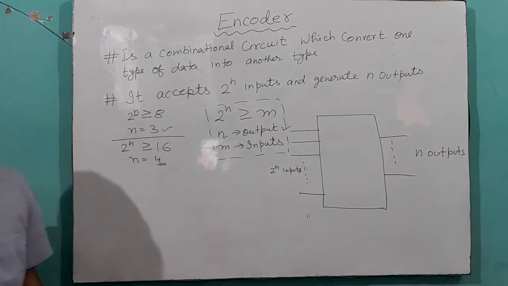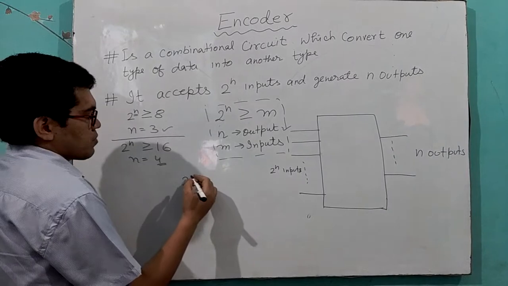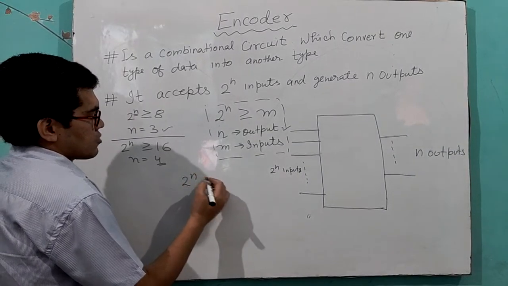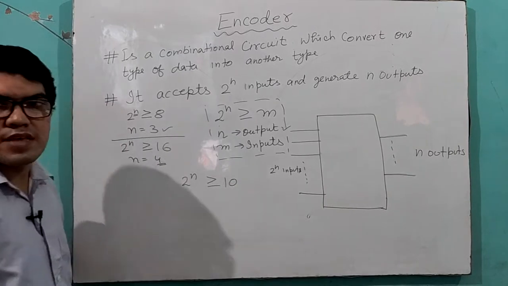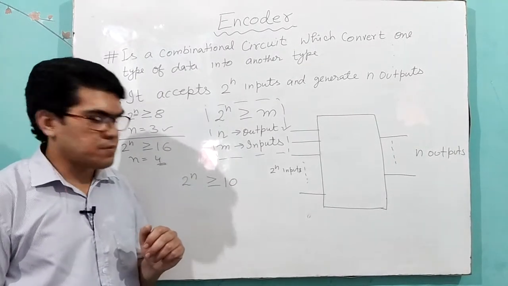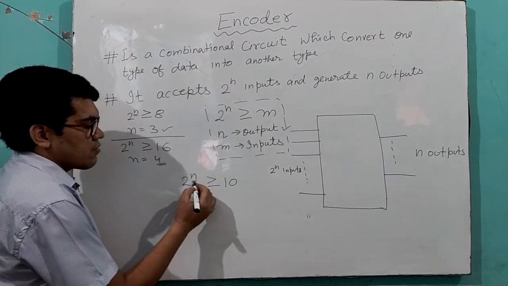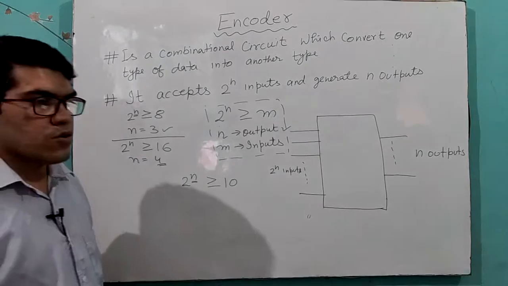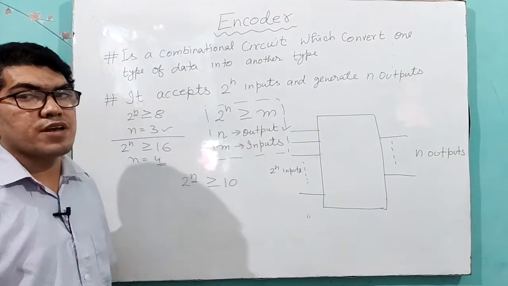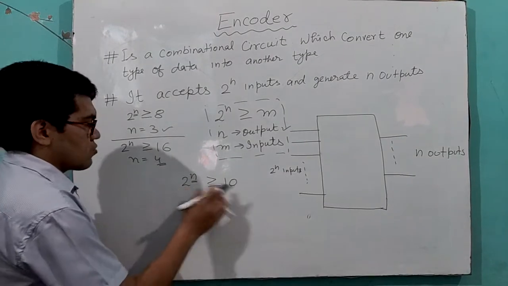But if I talk about decimal numbers, 2^n should be greater than or equal to 10, since there are 10 inputs in a decimal number. Now you see what minimum value of n will satisfy this equation.